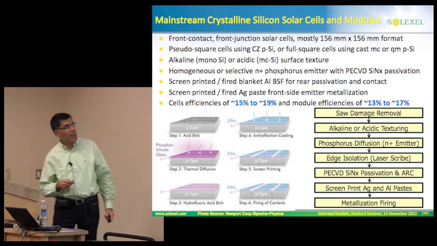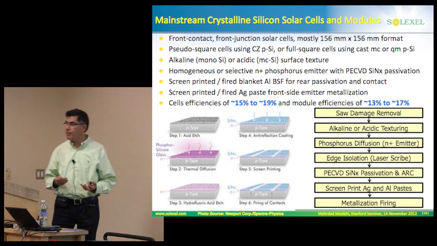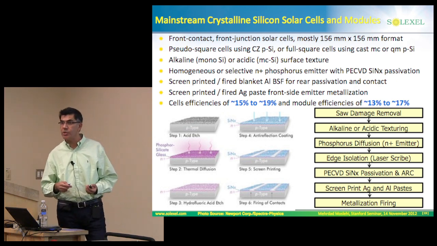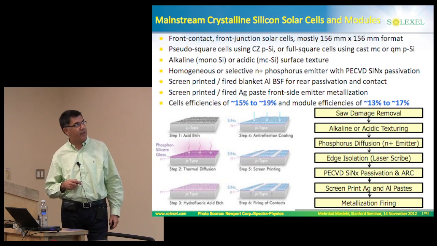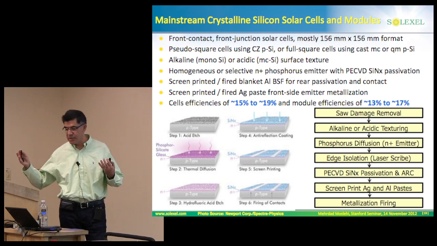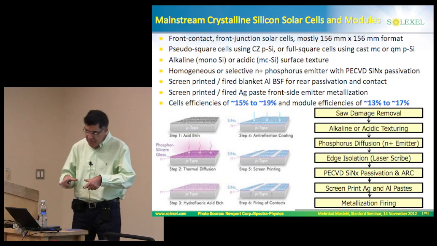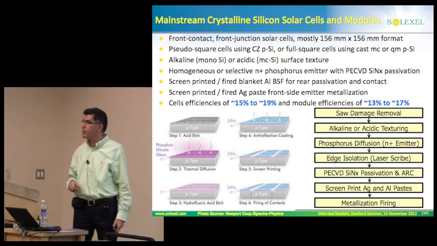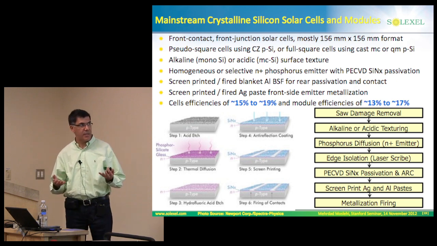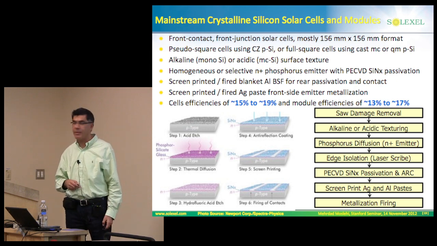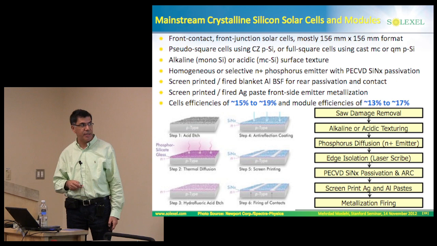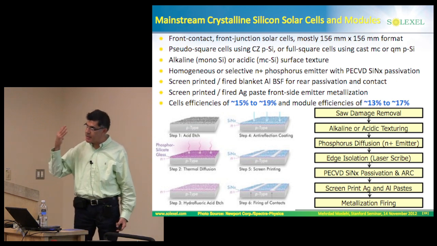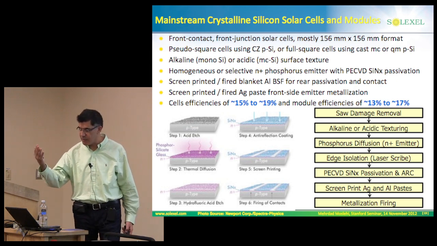So if you look at the mainstream commercial cells, pretty much every one of them goes through, starting with the wafer, somewhere in the range of 6 to 8 process steps. You start with the wafer, you have to remove the saw damage, and then texture it, and then form the emitter, which is a front junction phosphorus emitter.